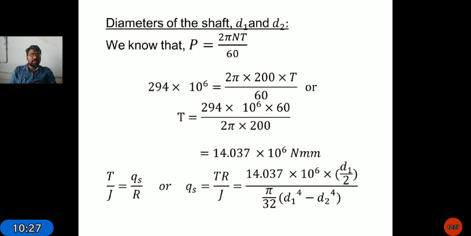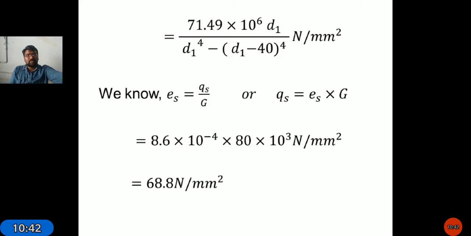R is nothing but the radius of the shaft, that is the maximum radius from the center of the axis, so the maximum value is d1, so R can be written as d1 by 2. By simplifying this equation we get the value of Qs in terms of d1.